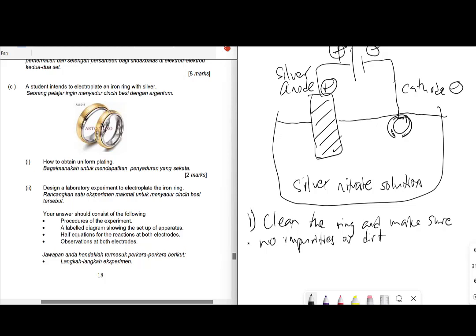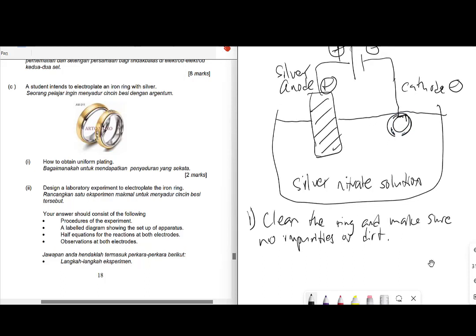Because if it's not clean, very dirty, the electroplating will not be uniform. It may fall off, it's not complete, and so on. That's the first step you can do.